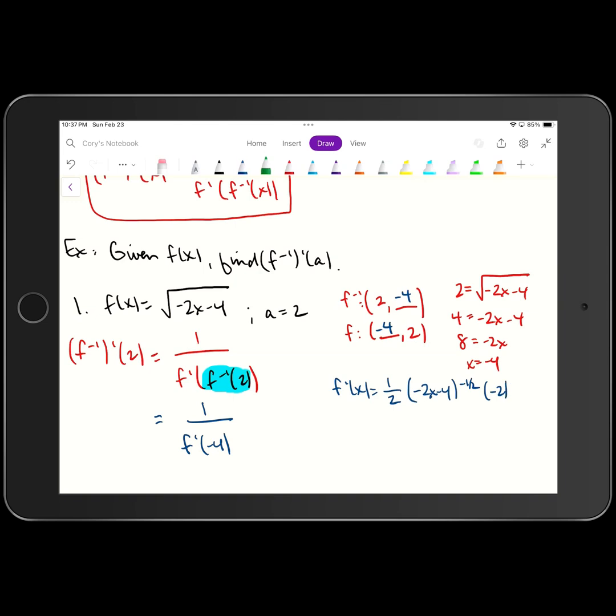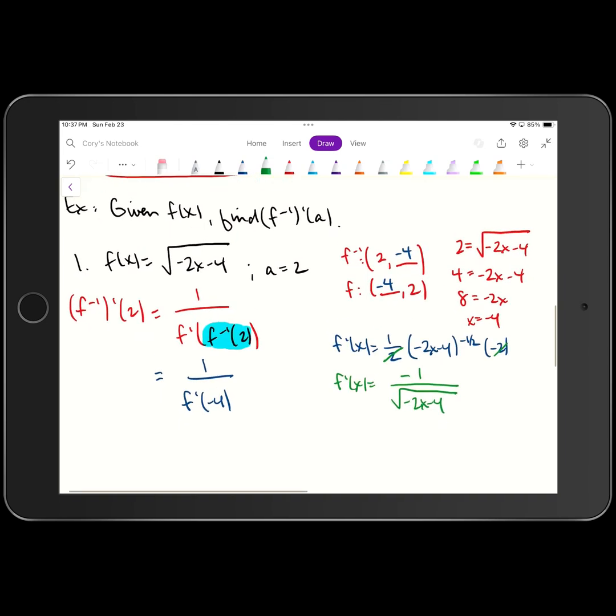I can cancel that factor of 2 with this factor of 2, which makes f prime of x, whenever I simplify it, negative 1 over rad negative 2x minus 4. And then I just have to evaluate that derivative at negative 4.